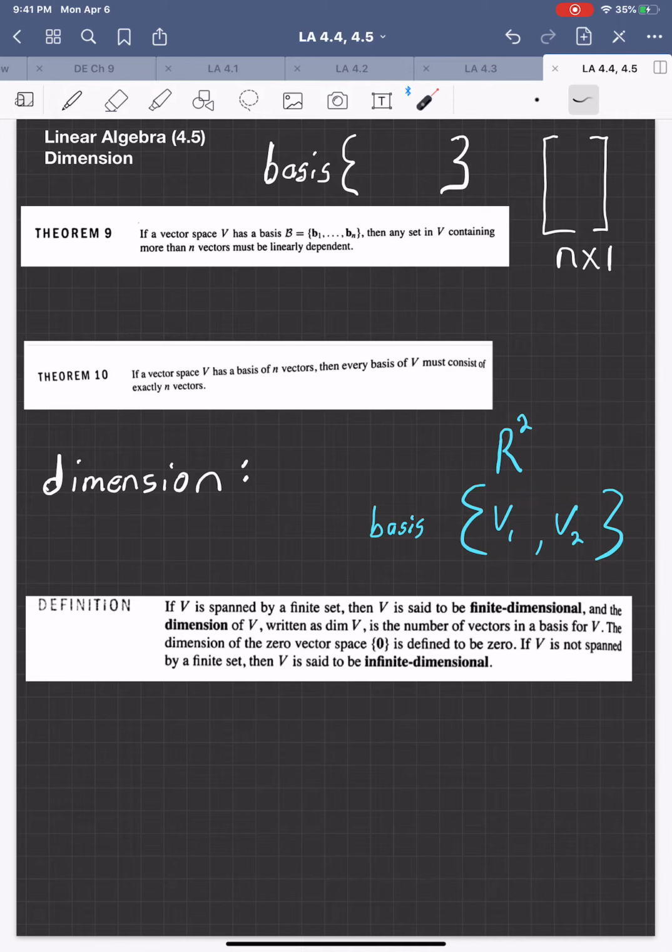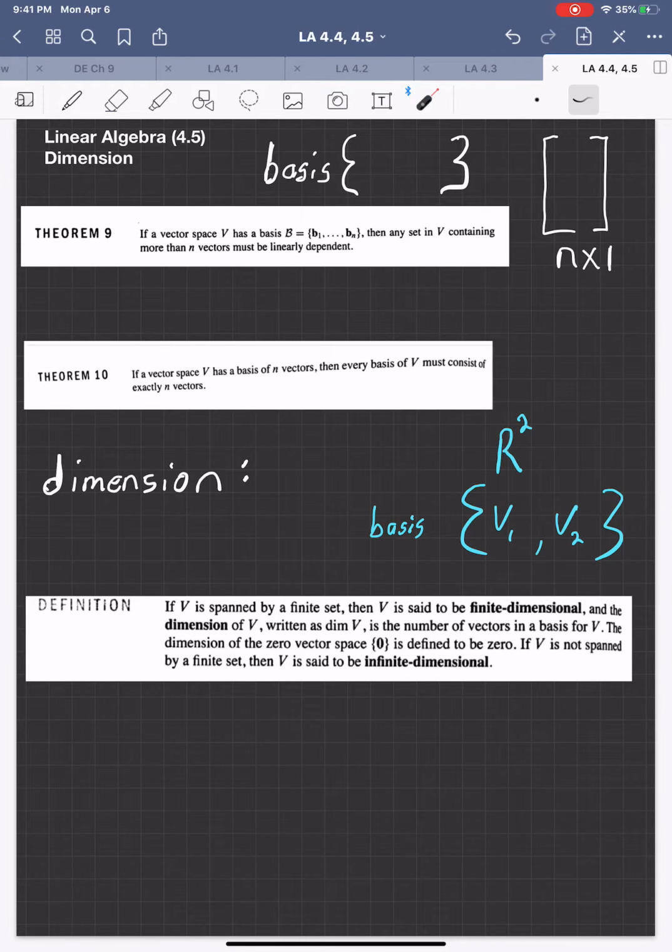So you can get the gist of what they're saying: you might have many different basis vectors for an R2 vector space, but all of them will have exactly 2 vectors as the cardinality, okay? All right, well then, how do we get from here to dimension?